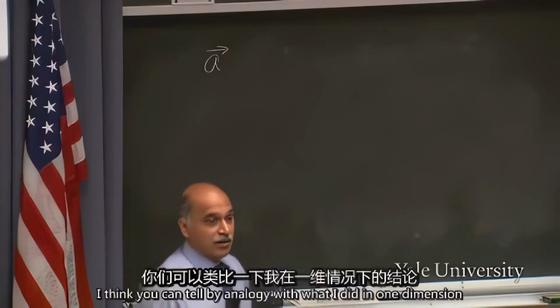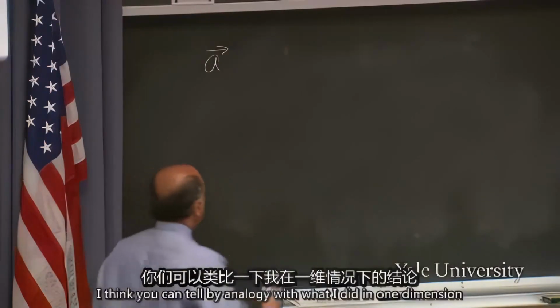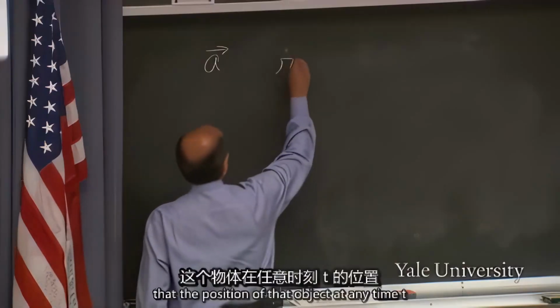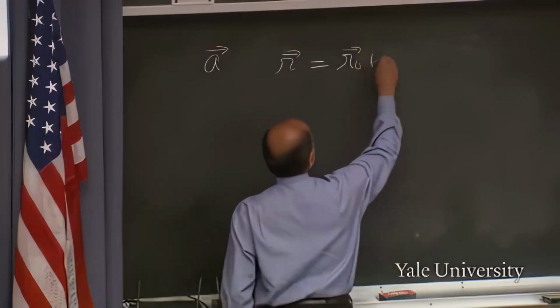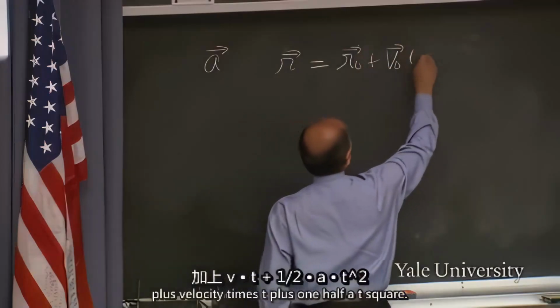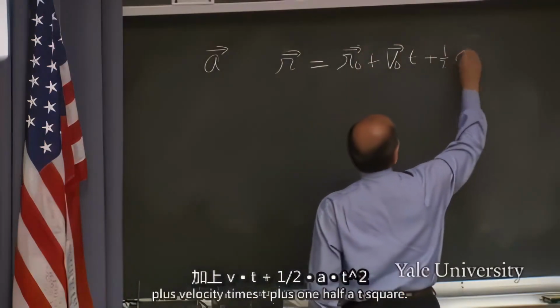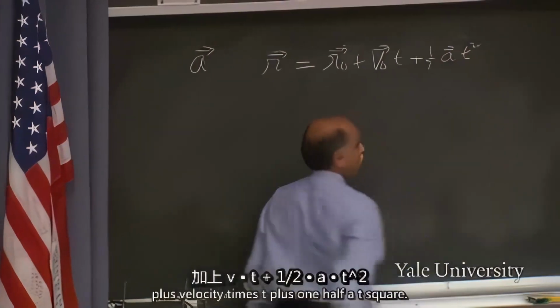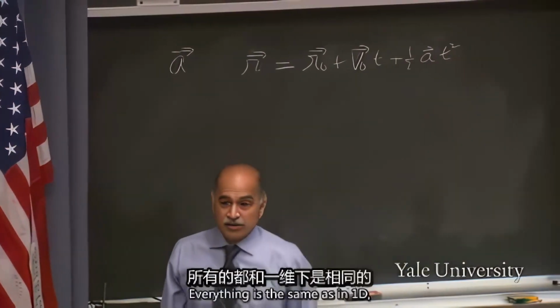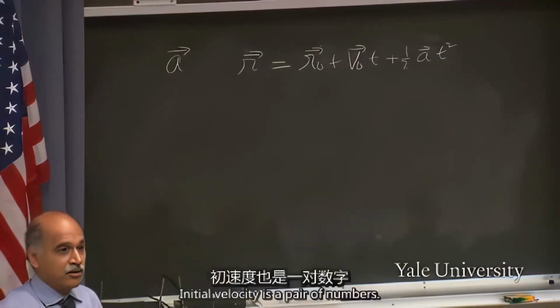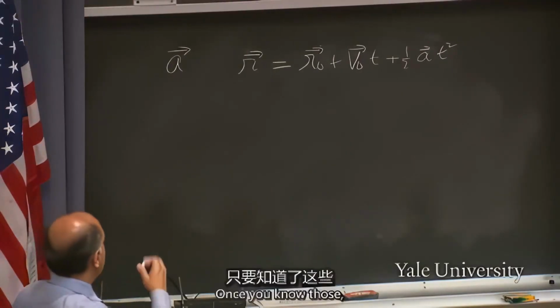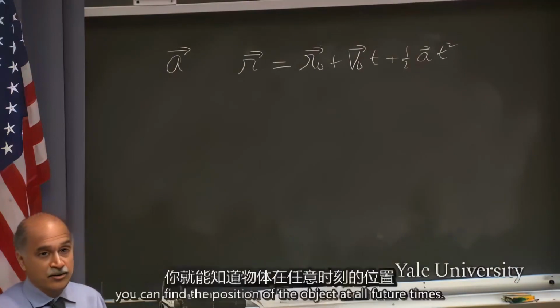I think you can tell by analogy with what I did in 1 dimension that the position of that object at any time t is going to be the initial position plus initial velocity times t plus 1/2 a t squared. Everything is the same as in 1D, except everybody is a vector now. Initial position is a pair of numbers. Initial velocity is a pair of numbers. Once you know those, you can find the position of the object at all future times.